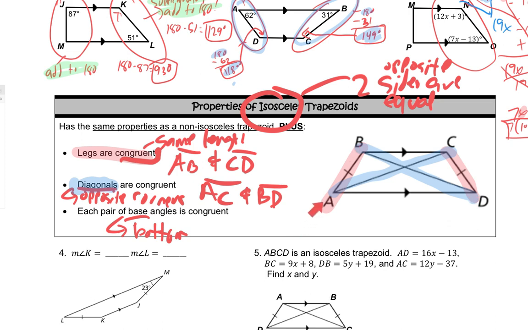We can call them angle A and angle D, or angle BAD and angle ADC. Angle BAD and angle ADC.